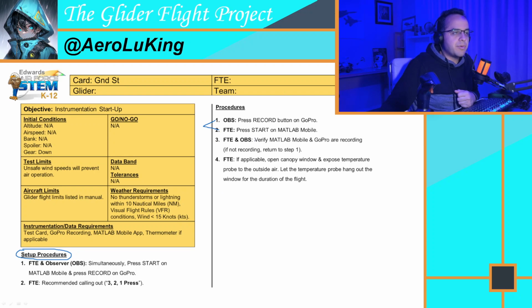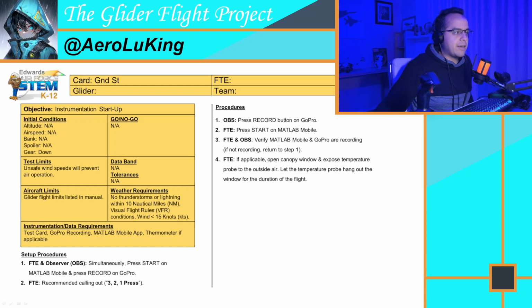And then step 3, if you didn't get that done, go back and try again, so stop anything that might have started and try to synchronize them again. And then step 4, if you are using a thermometer to look at the temperature, it's time to install it before you take off. So that's the typical layout of this deck of cards.